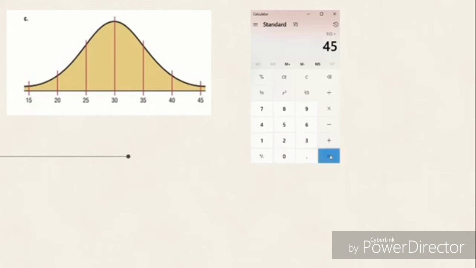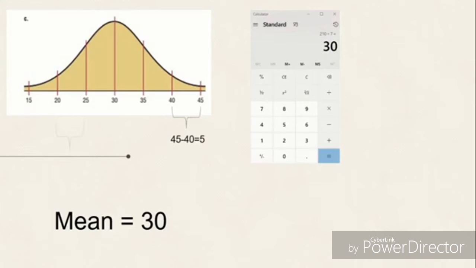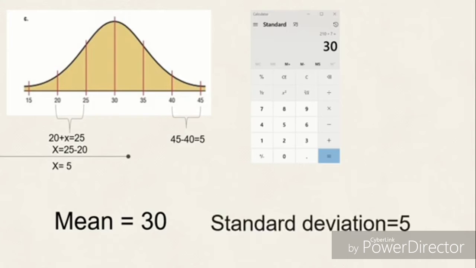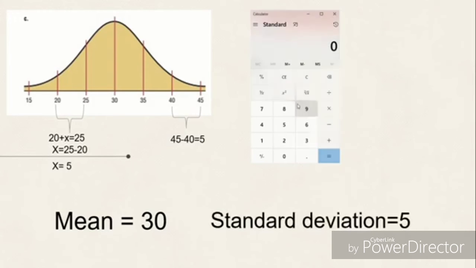So the sum is 210 divided by 7. So our mean is 30. And now we will apply both addition and subtraction for getting the standard deviation. First, subtraction: 45 minus 40 is equal to 5, and 20 plus x is equal to 25, x is equal to 25 minus 20, and x is equal to 5. So our standard deviation is 5.